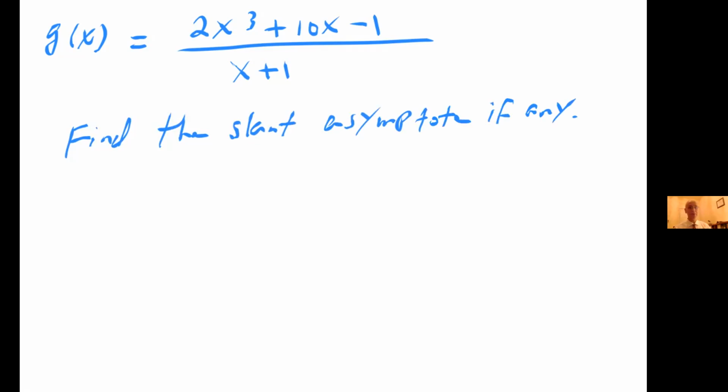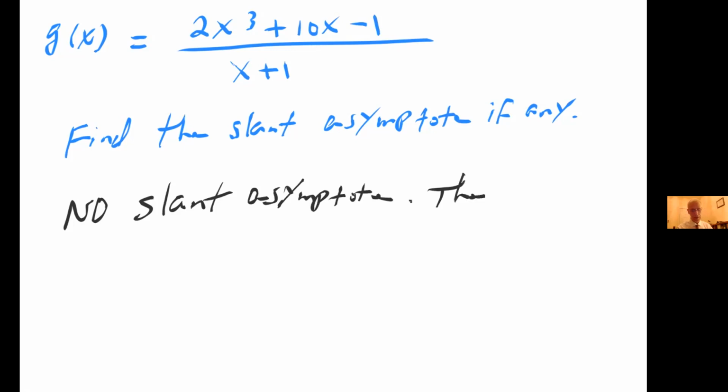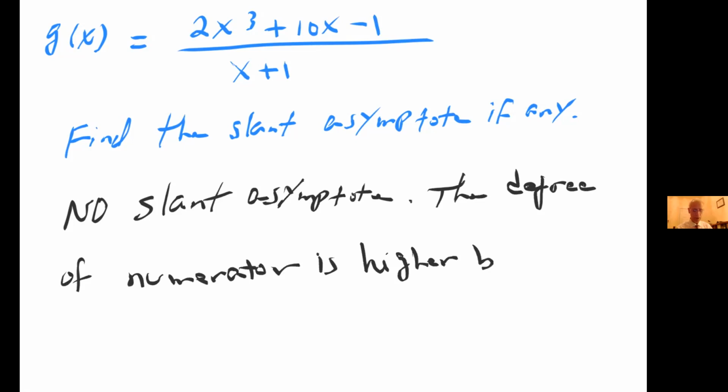If I do a long division, I'm not going to get a linear function. I'm getting a quadratic function. x cubed divided by x is x squared. So in this case, no slant asymptote. The degree of the numerator is higher by more than 1 degree.